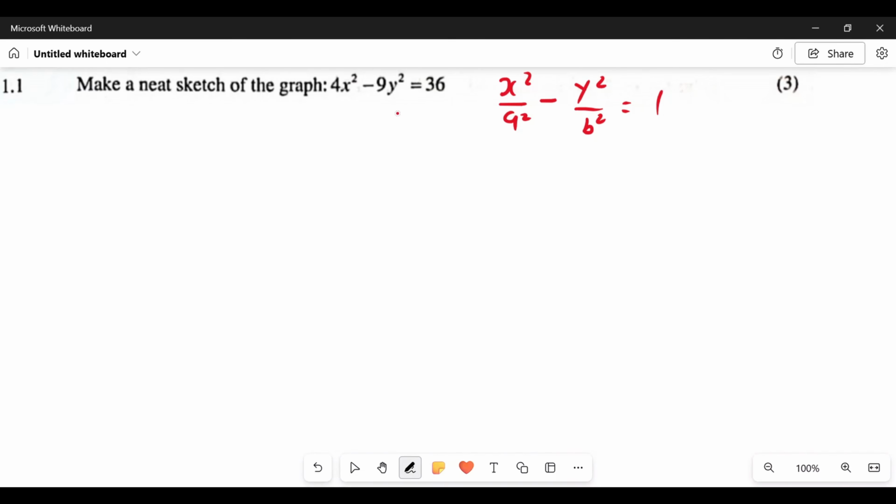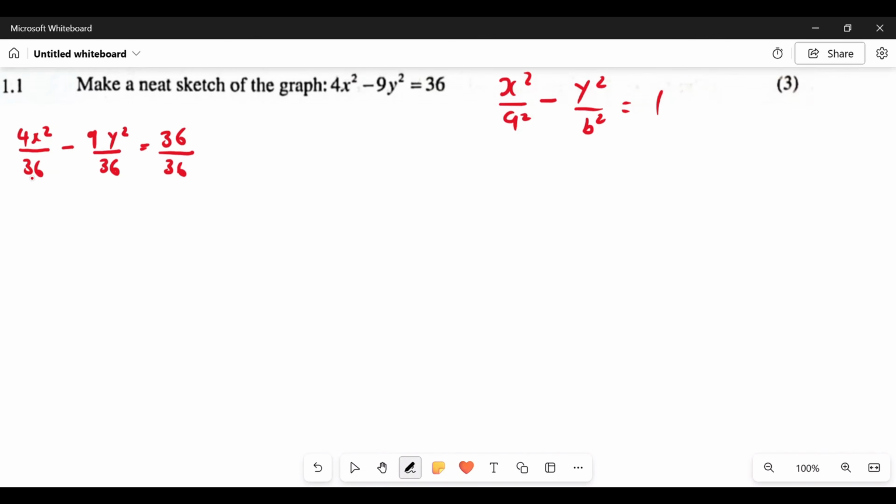Now we need to simplify our equation so that it can be equaling to 1. So when you do that, we need to divide by 36 for each and every term that we see here. We have 4x squared divided by 36 minus 9y squared divided by 36, all this equaling to 36 divided by 36.